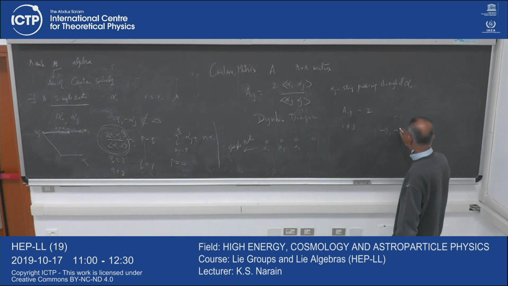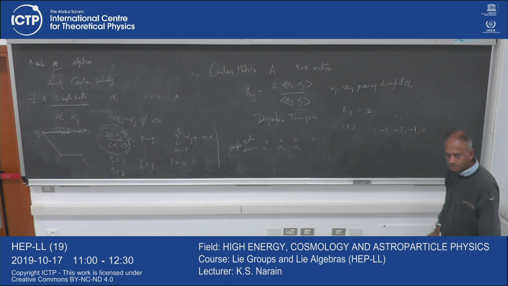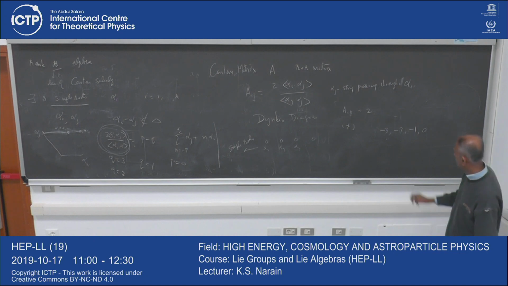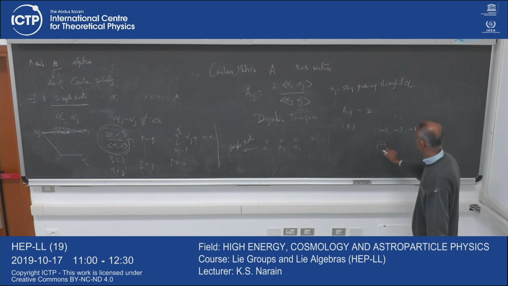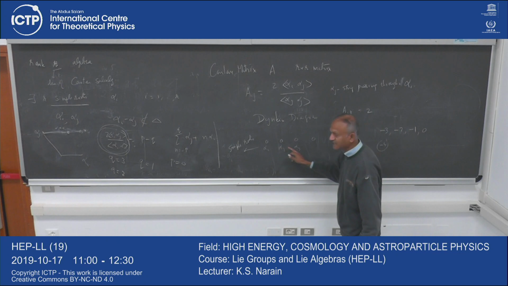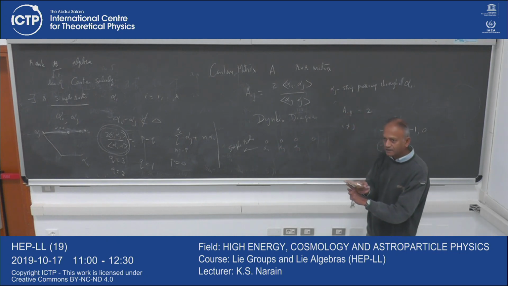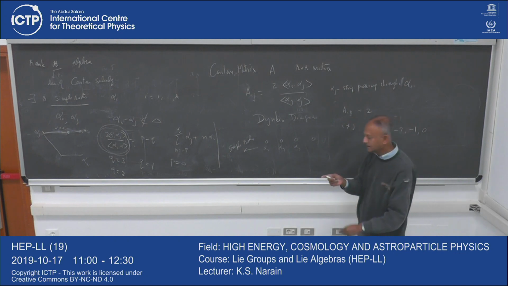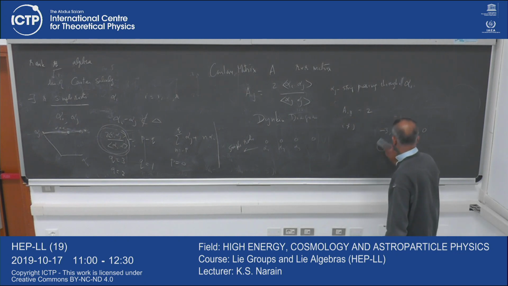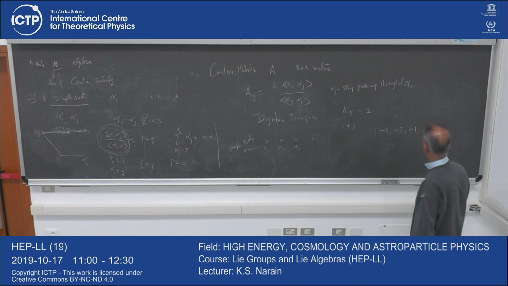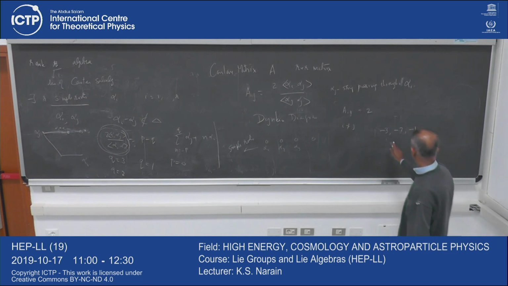So it can only be minus 3, minus 2, minus 1, or 0. The 4 is not allowed, because we are thinking of these as distinct roots. So 4 would be the case only when they are parallel or anti-parallel. So you remove that.